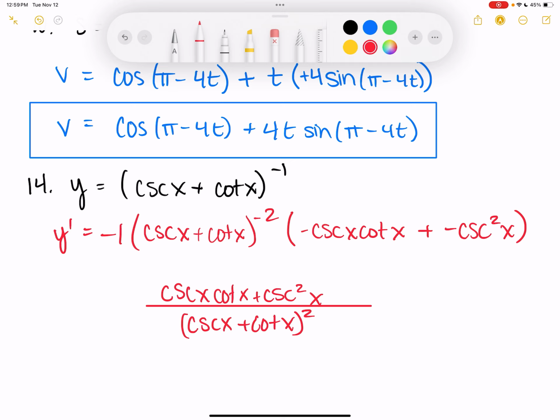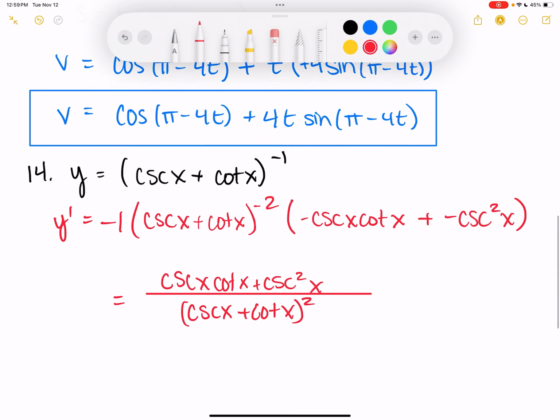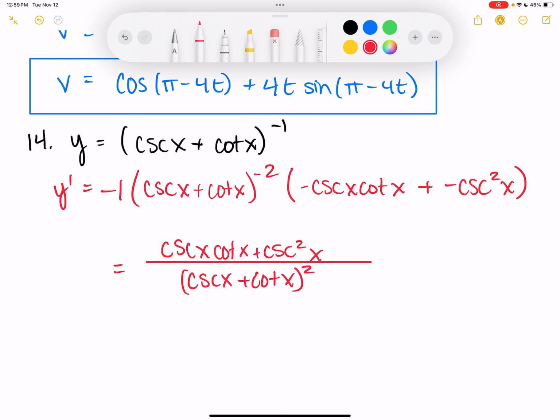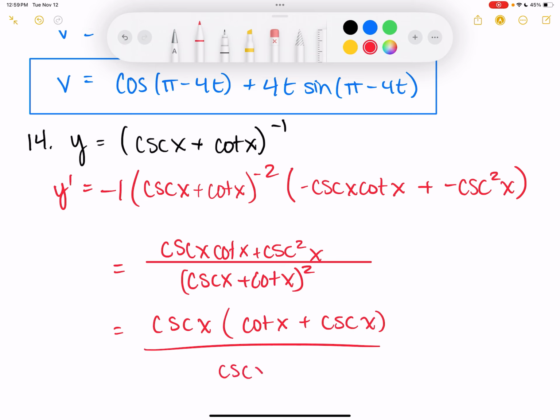Now, is there anything in common that I can factor, Josh? I think we could do cosecant. Yep, so I'm going to take out a cosecant of x. Leaves me with cotangent of x plus cosecant of x over cosecant of x plus cotangent of x squared.